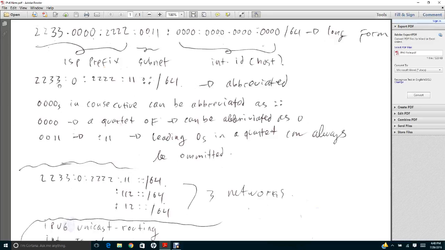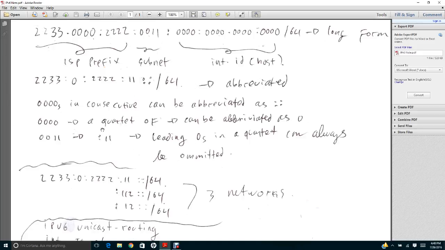Therefore, 2233 colon 0. Okay? So a quartet of 0000 can be abbreviated as just 0. So 2233 colon 0 colon 2222, which is the same, and then notice that here I'm also going to abbreviate colon 11. So 0011, leading 0s in a quartet can always be omitted.